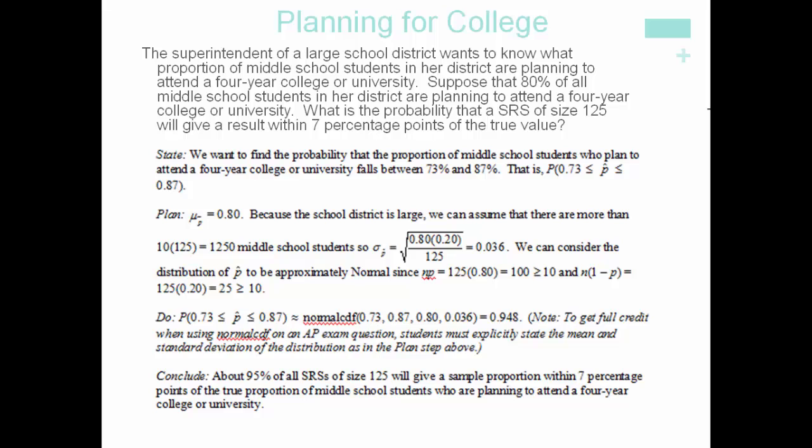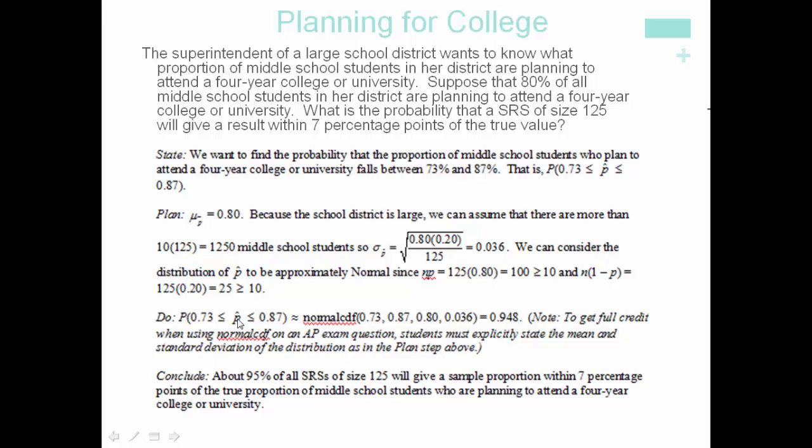We end up with, when we take the square root, 0.036. We can consider the distribution of p hat to be approximately normal since n times p is 100, which is greater than 10, and n times 1 minus p is 25, which is greater than 10.